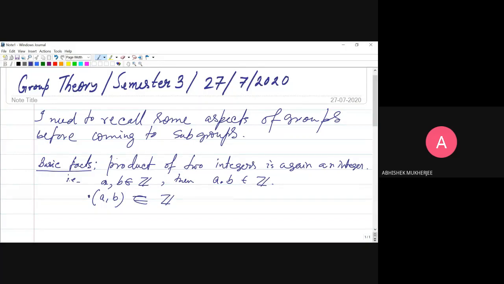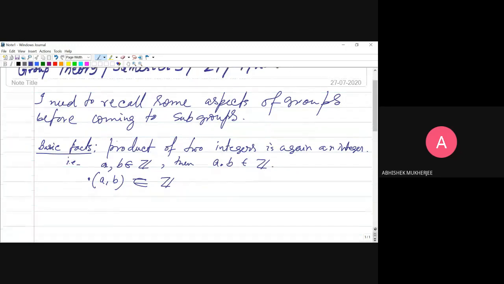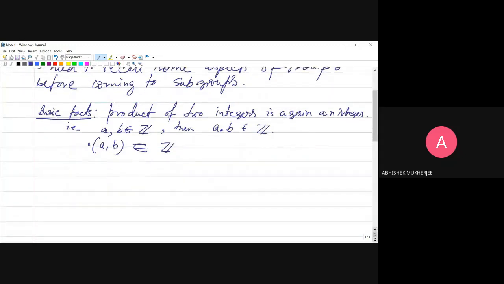This example gives you an idea to formulate a basic definition of a map which satisfies the property that given any two objects, it will generate another object from the same set.